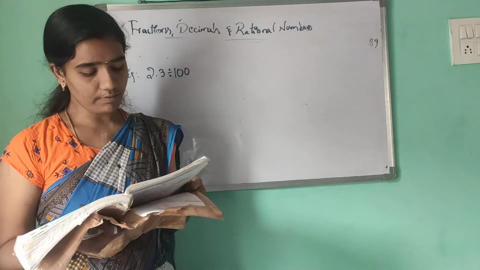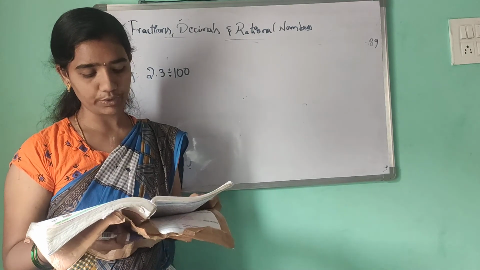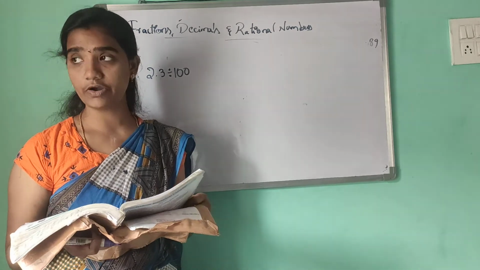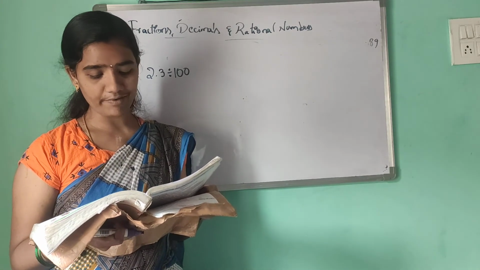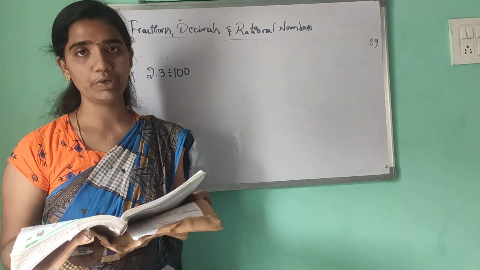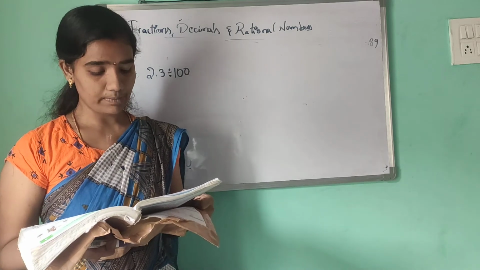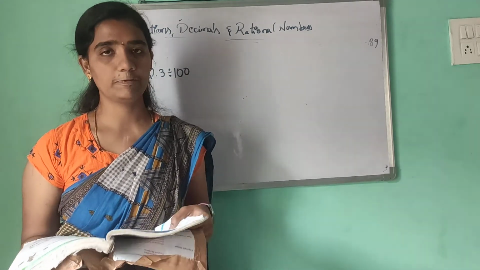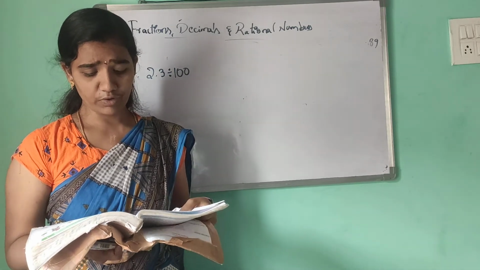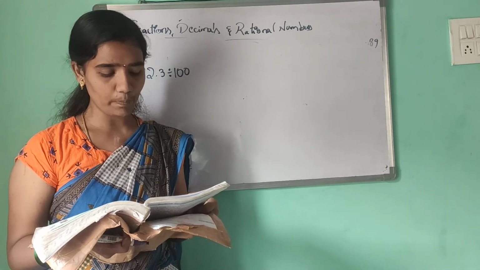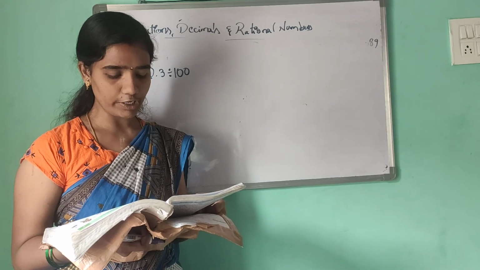Third one, while dividing two decimal numbers, first shift the decimal point to the right by an equal number of places in both, converting the divisor to a whole number. Coming to the last one, rational numbers. What are rational numbers? Rational numbers are a bigger collection of numbers which include all integers, all positive fractional numbers, and all negative fractional numbers.